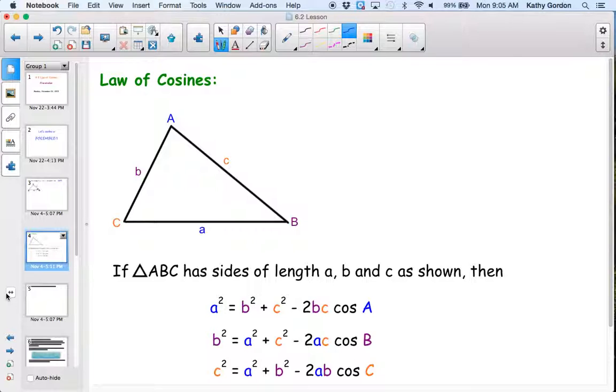So it's the same formula. It just looks a little different depending on which angle you're either given or you're trying to find. So you can put that in your notes, and or you can put this in your foldable now under your law of cosines section.